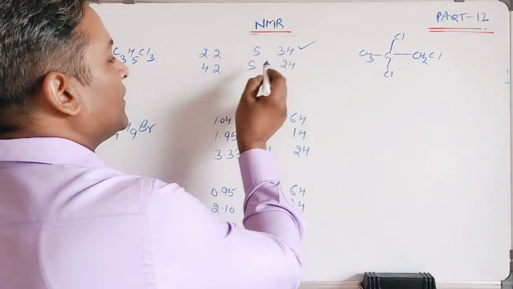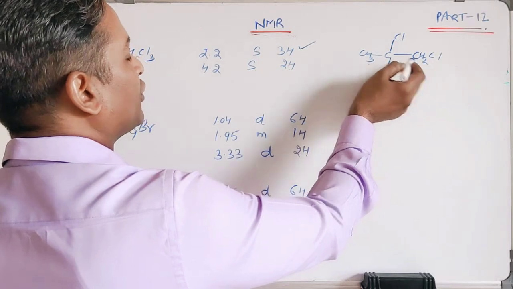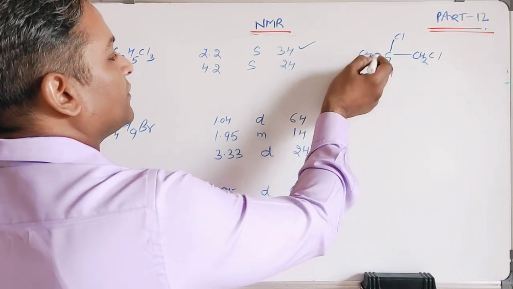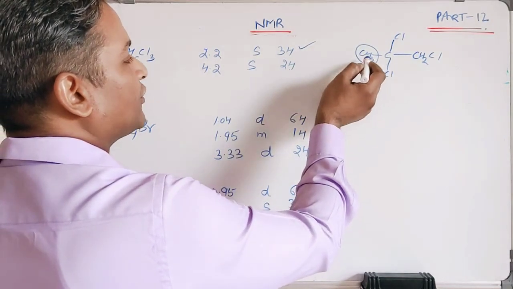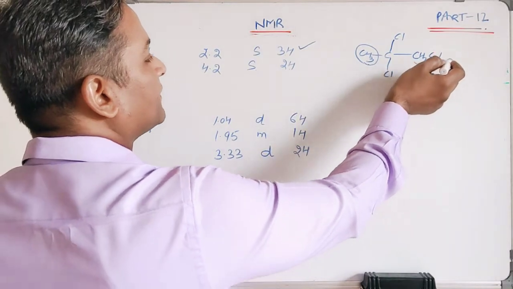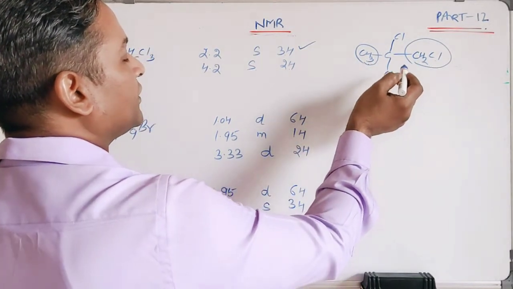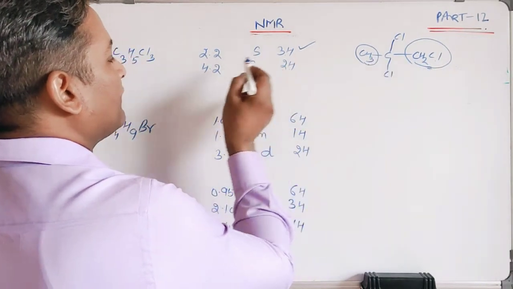You can see here, singlet for 2 protons. So this proton will also show a singlet. This singlet will have a lower value because in this case there is no Cl directly attached to the proton. But in this case, this singlet will have a higher value because Cl is directly attached to it. So this is the reason why the singlet for 2 protons has a higher value.